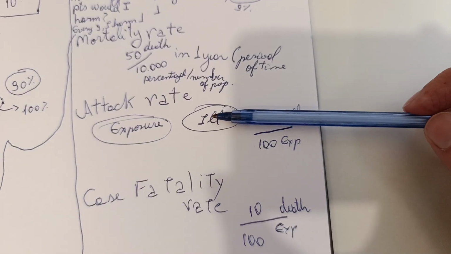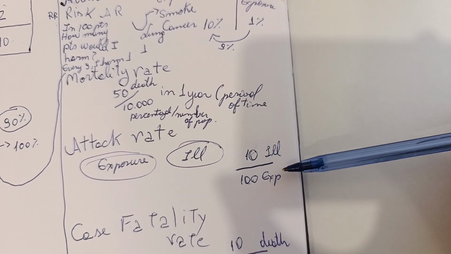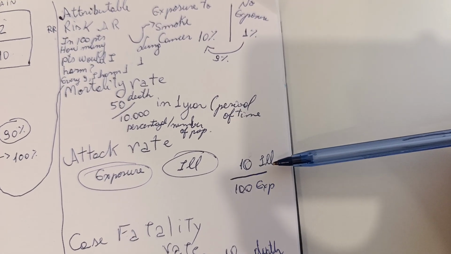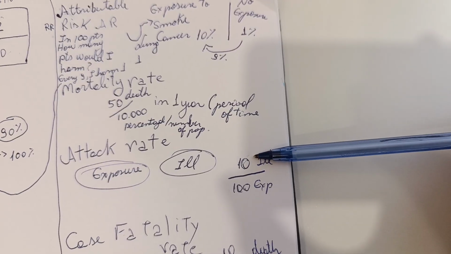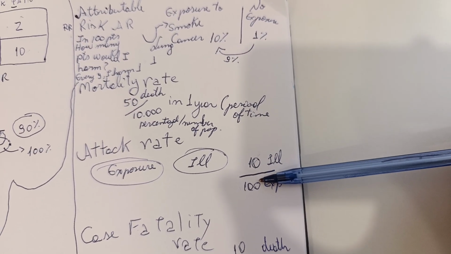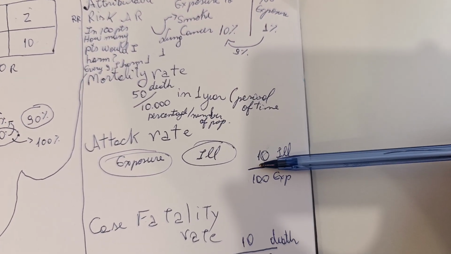And the attack rate, the difference is because 100% is your exposure, and out of those 100% you have the people that get ill. You can change this number down here, but all that matters is the relationship between them.